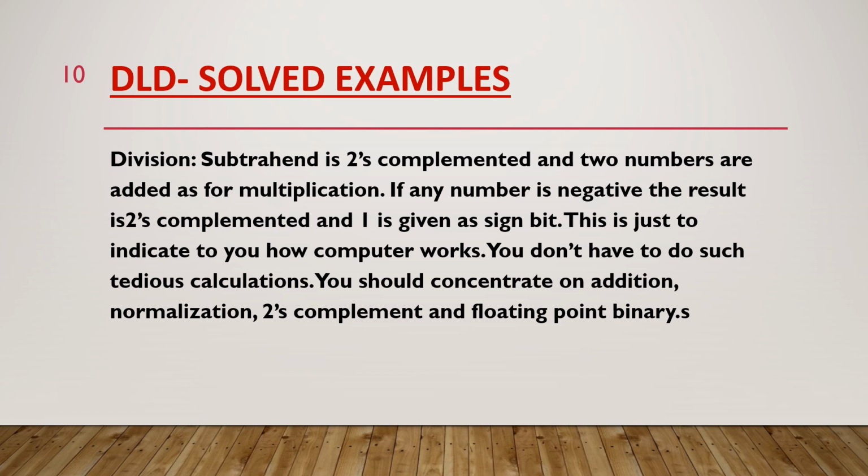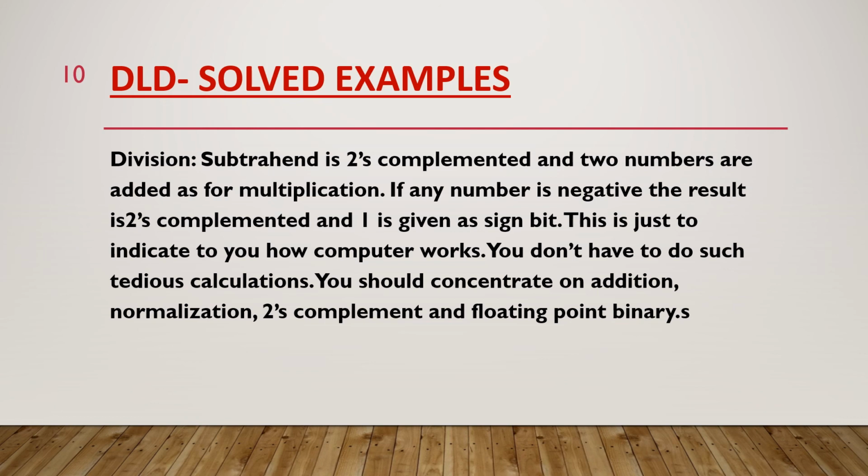Next we come on to the 10th slide, and we see how we carry out the division. The subtrahend, that is what is to be subtracted from the original number, is in 2's complement, obviously because it is a negative sign. You take the 2's complement of the subtrahend and then follow the procedure which we have already seen in the previous slide.